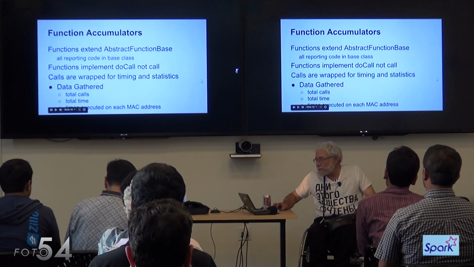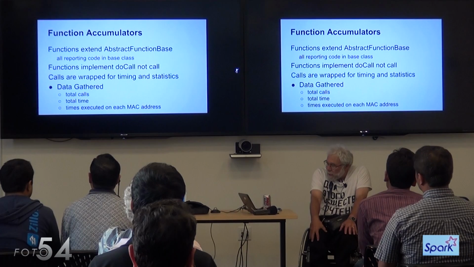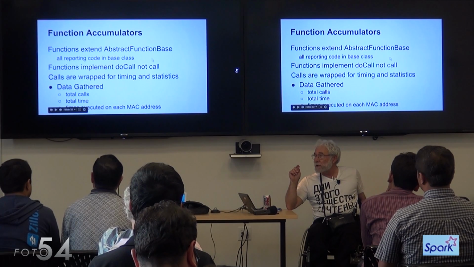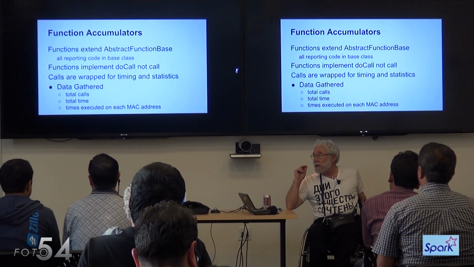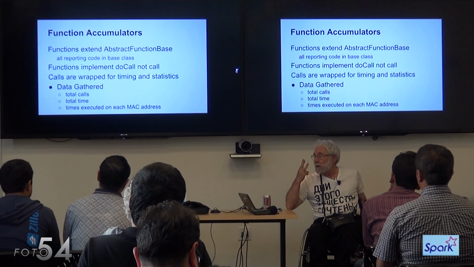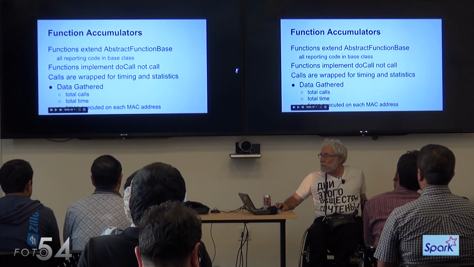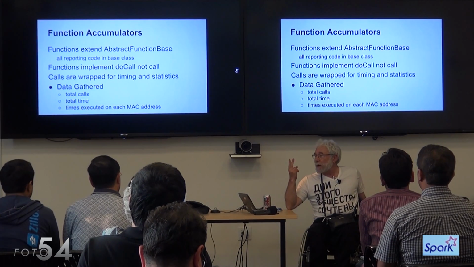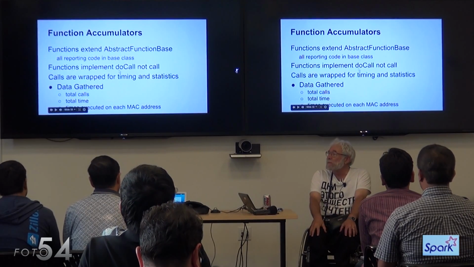Obviously, I am not interested in word count. What I am interested in are things that matter to me, which is to say, what I've done is for the functions that I use, and I'm using the Java version of Spark, instead of implementing the functions like flat map function or pair function, I implement a class which has already implemented these, abstract logging function, abstract logging pair map, and instead of implementing a call method, I implement a do call method.